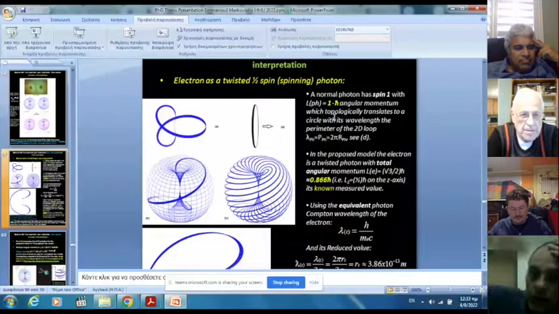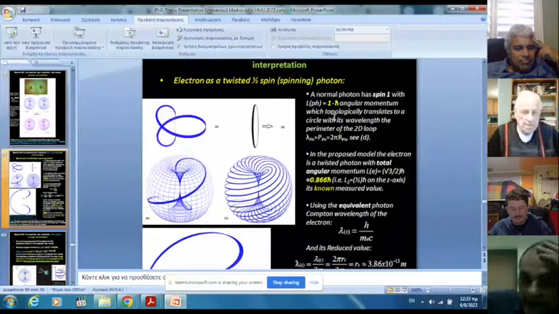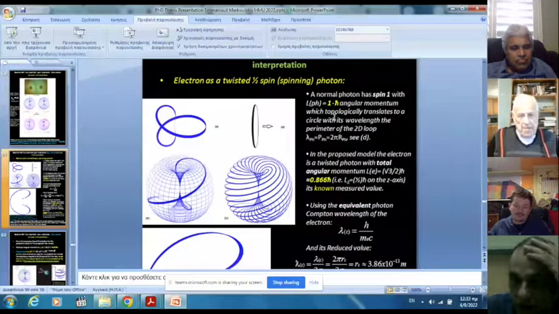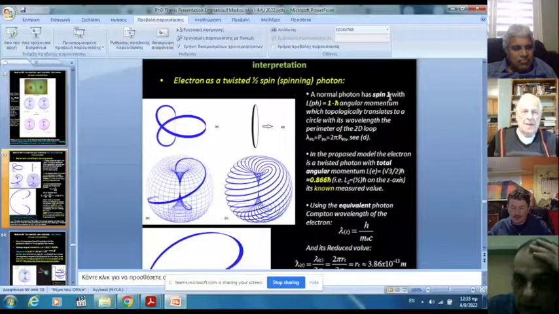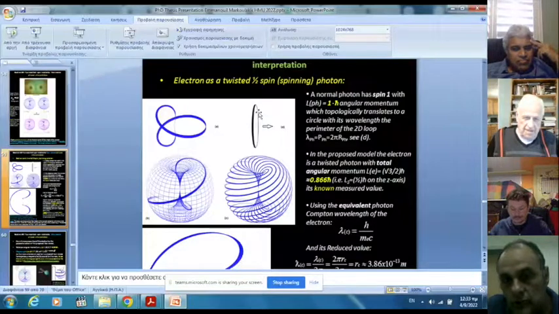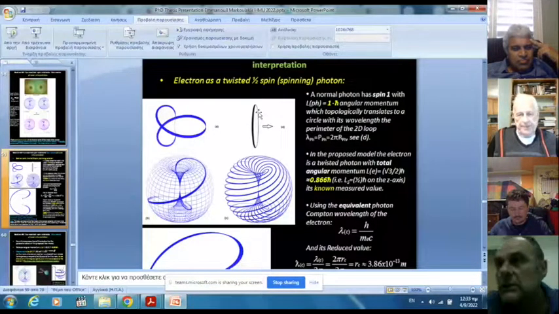Any other trajectory for the given radius and tangential velocity will produce less angular momentum. So a spin 1 photon is geometrically a distortion which is a circle.